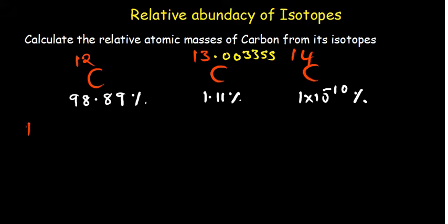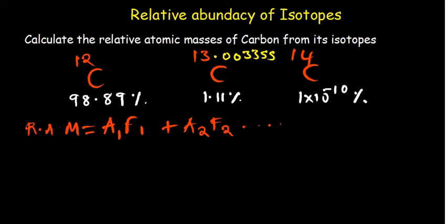Relative atomic mass is basically the atomic mass multiplied by the abundance, plus we'll do the same for the others as well. So this formula depends on how many you are given. In this case, we are considering only 2 because the 14 is negligible. We are able to ignore it. Okay, so let's try to perform the calculation there.